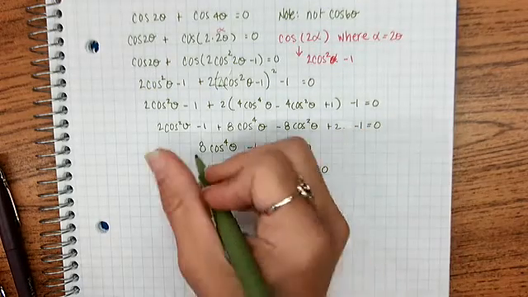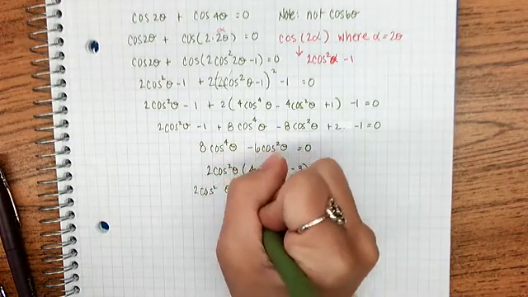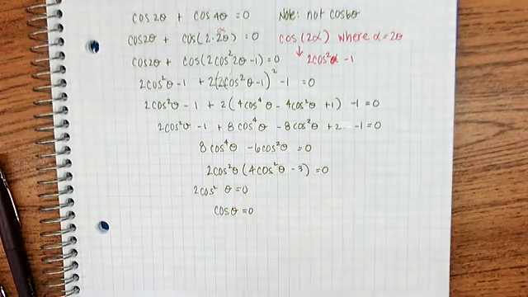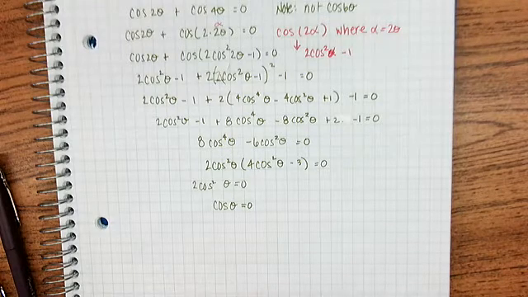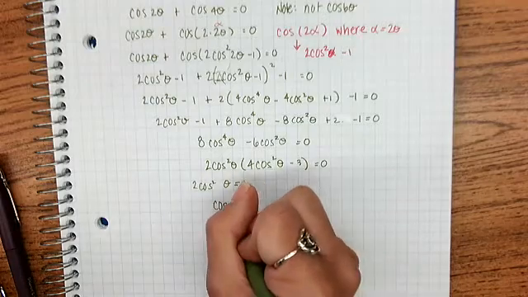Zero product property. So 2 cosine squared theta is 0. The cosine of theta is 0. And the cosine of theta is 0 at 0, pi over 2 and 3 pi over 2.